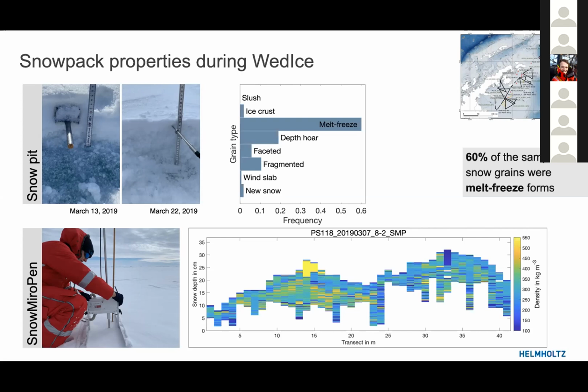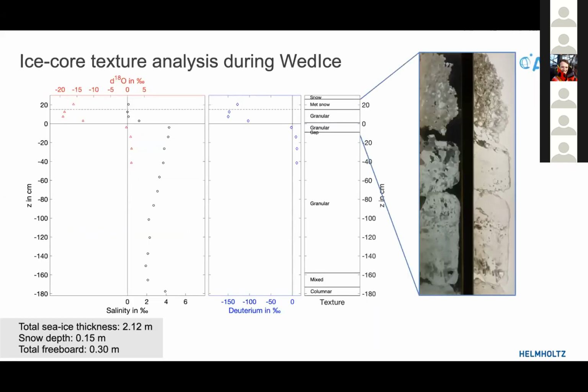And of course, when this is already part of the snowpack, it's even more interesting to see what the ice cover beneath looks like. Therefore, we did quite an intense ice core program. We took ice cores for a bunch of biological parameters, but for the sea ice physics, we took samples for salinity, and those samples were also measured for isotopes.